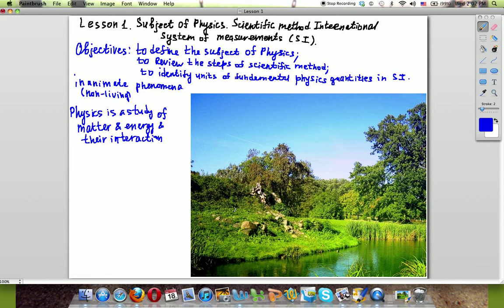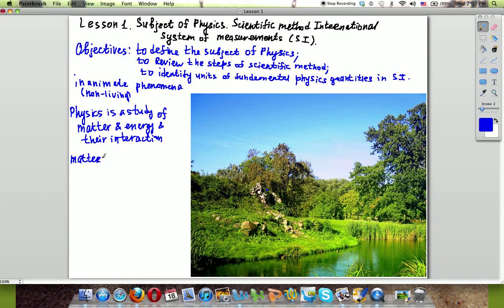So to understand physics means to understand the rules by which nature plays, which means to understand the interaction between matter and energy. So the major characteristics of any matter are mass and volume.